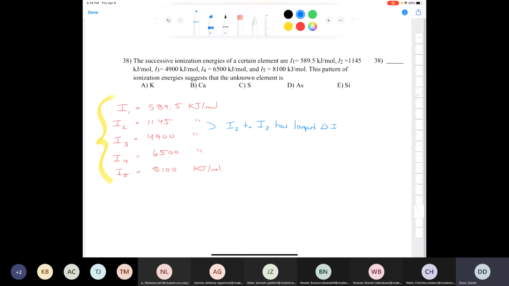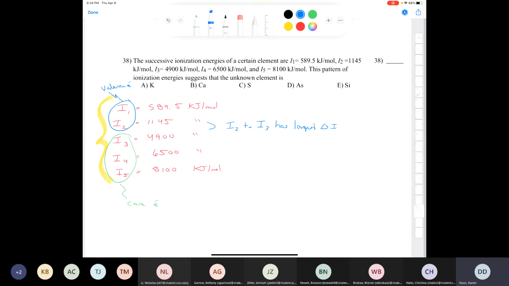And so that tells us that the first 2 electrons are valence electrons being removed. And all of these, since they cost way more energy, are core electrons being removed. So that means I'm looking for an element that has 2 valence electrons.